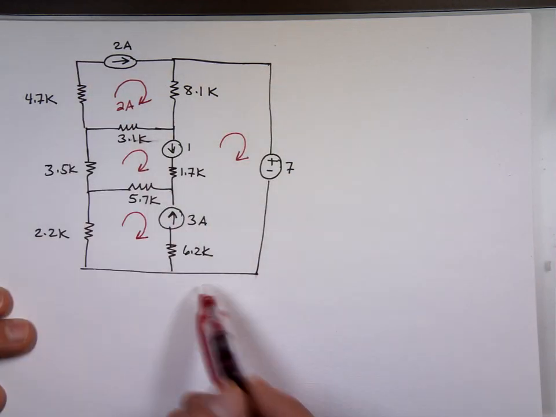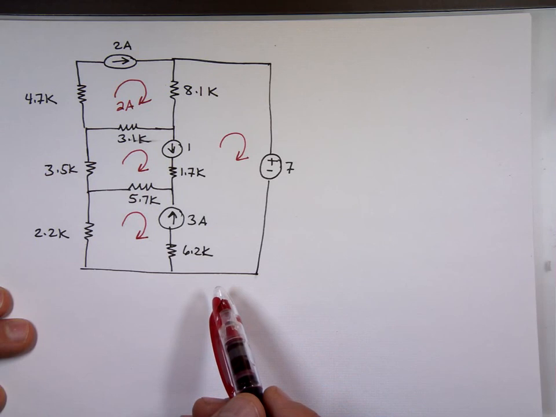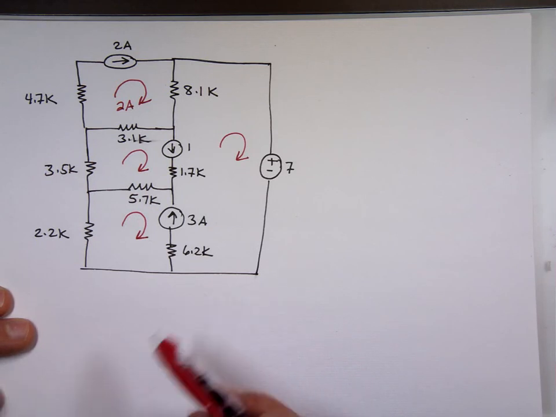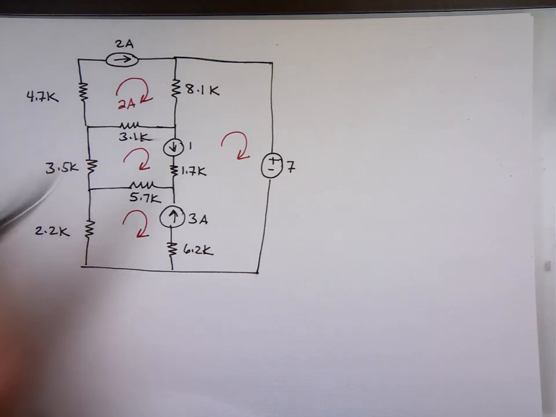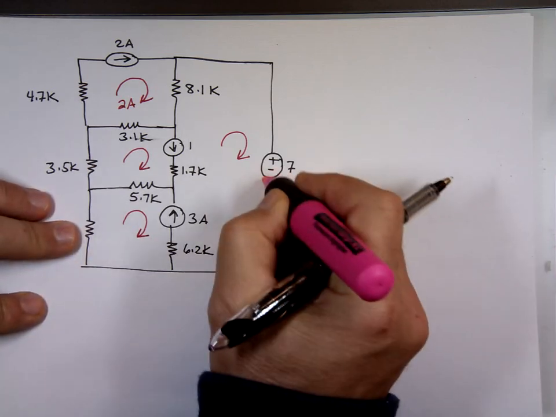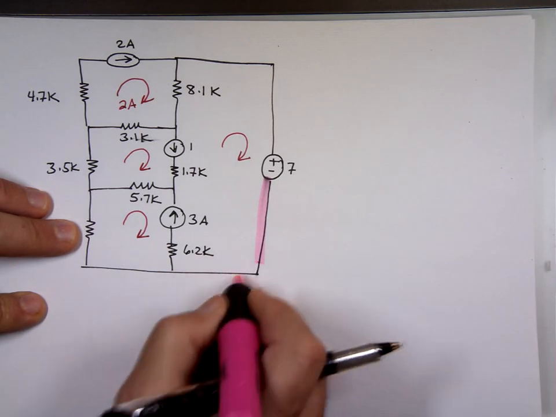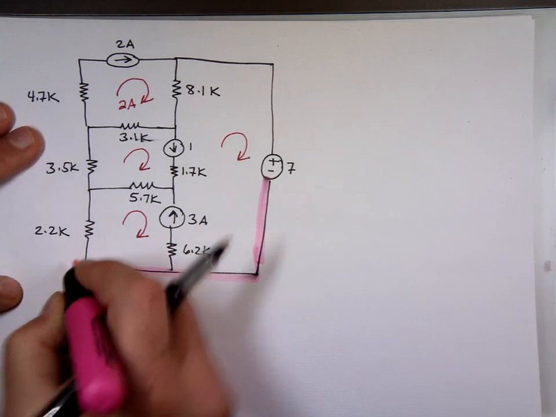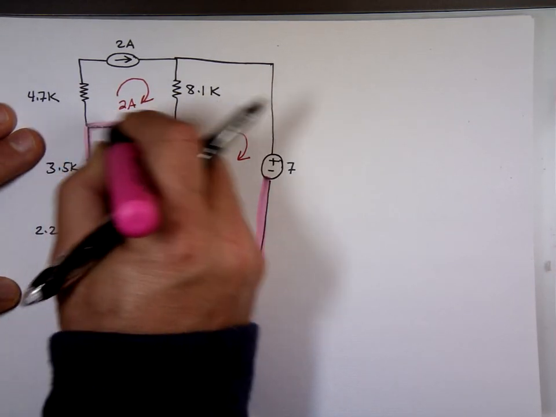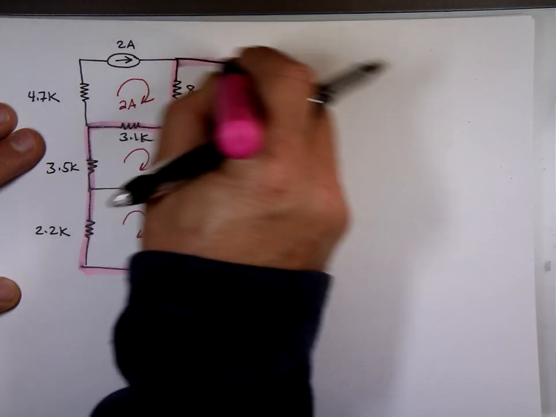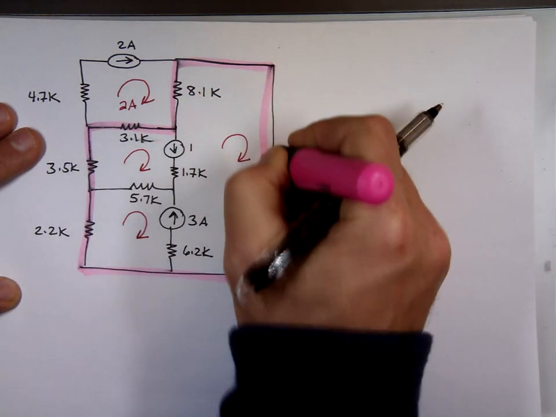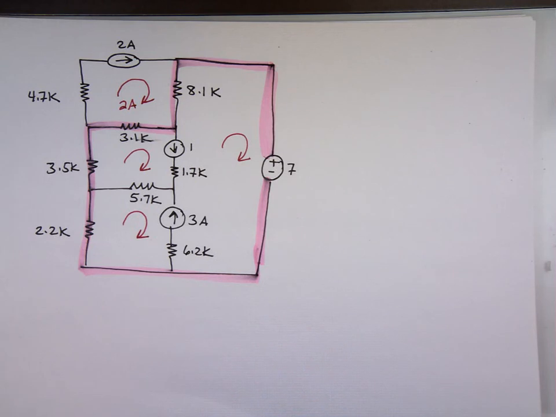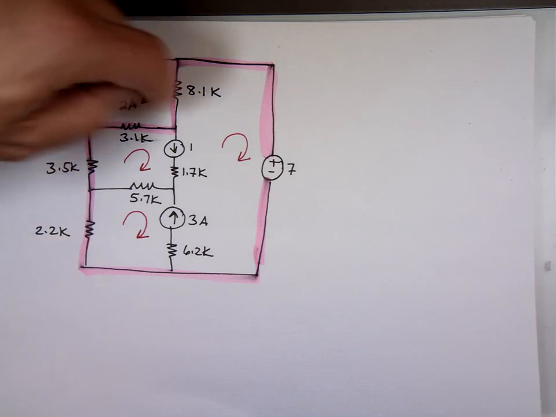It looks to me the only way I can really travel is this way. If I travel this way, there's no blockage along the way. I know the voltage of every one of them.